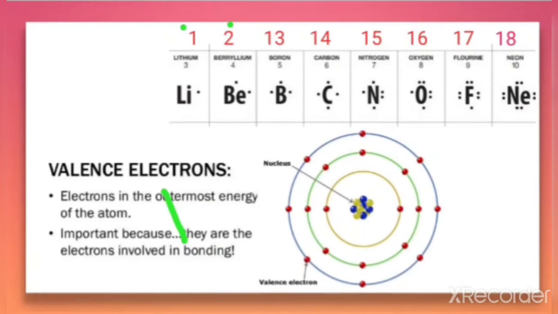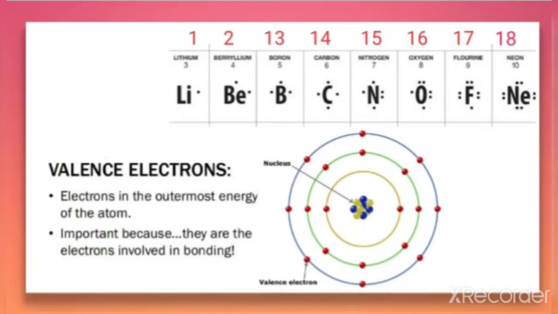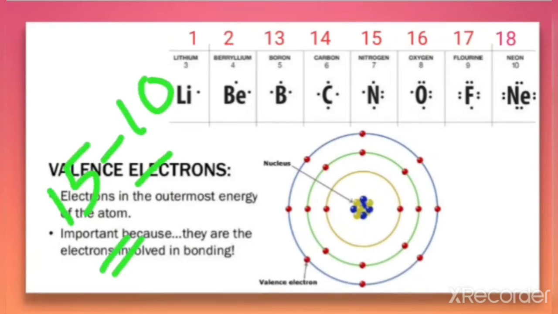If an element belongs to group 13, then it has 13 minus 10, that is equal to 3 valence electrons. If an element belongs to group 15, then 15 minus 10, that is equal to 5. So 5 is the number of valence electrons.